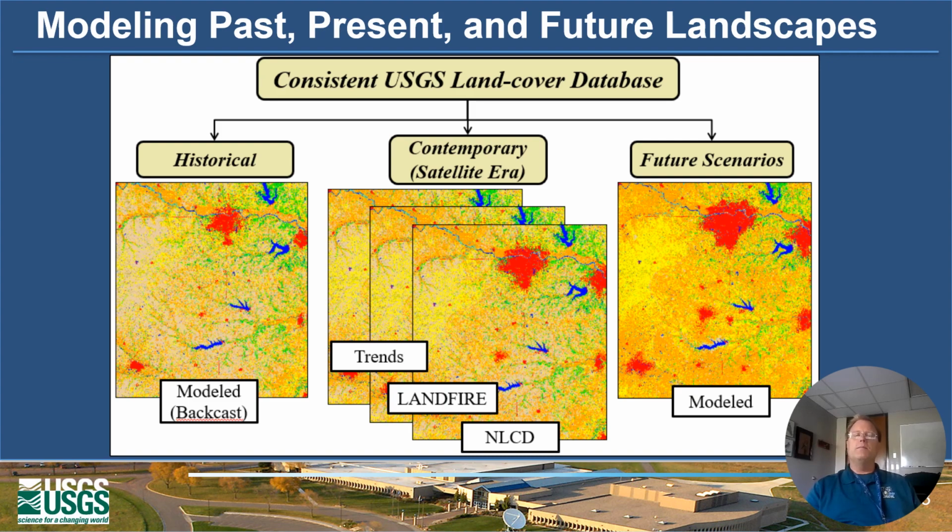If we think about impacts of something like climate, can we take land use data, model it backwards in time for a long enough period that we can look at those long-term climate impacts, not only on the landscape, but on related processes such as hydrology, biodiversity, or carbon and greenhouse gases? And then can we take that same methodology, those same data, model forward in time, and look at the future impacts on those same processes, and hopefully help us mitigate and plan for the negative impacts of those potential changes.